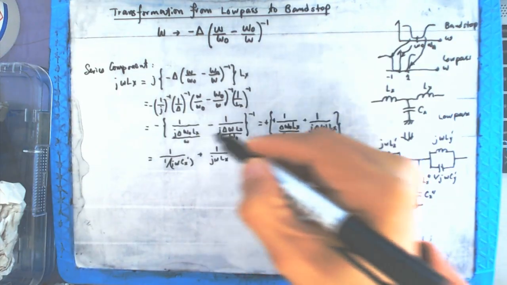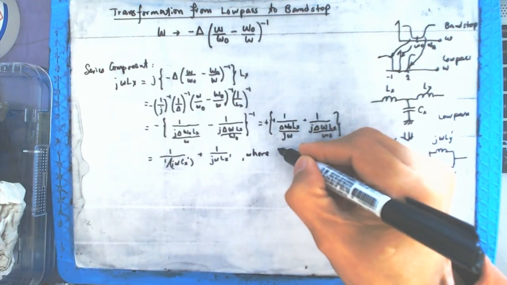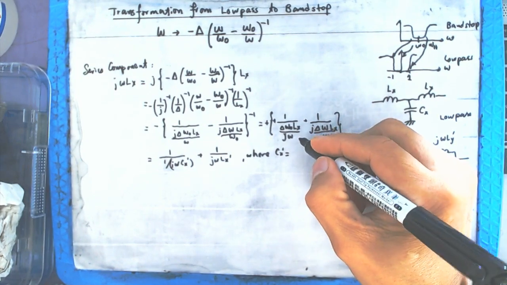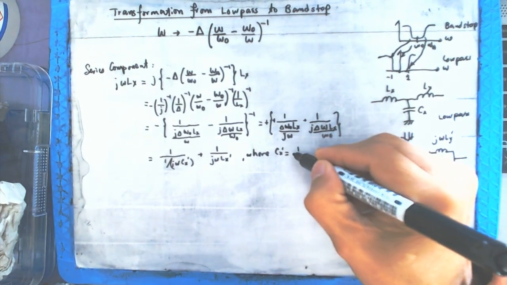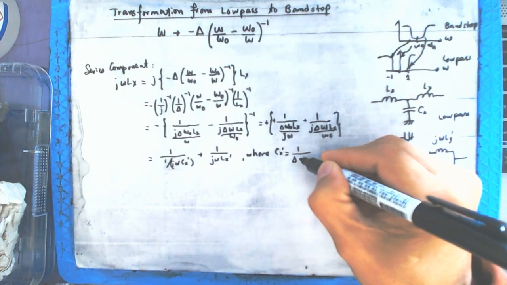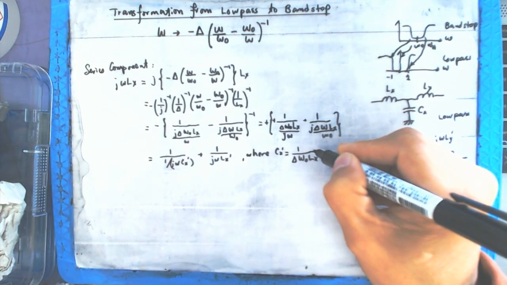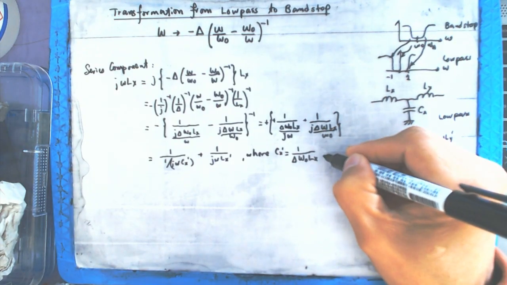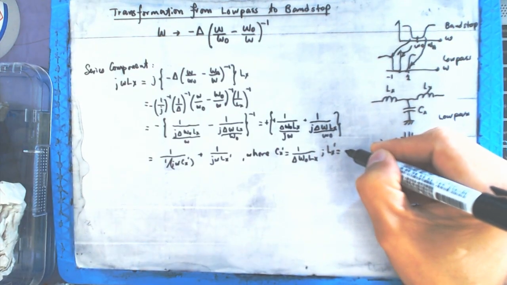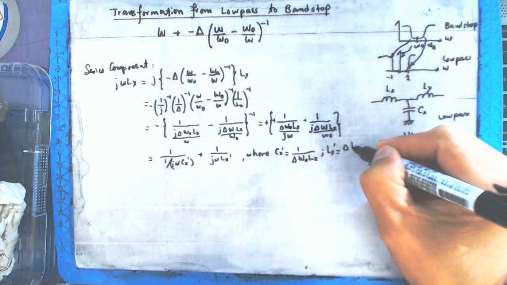And where Cx prime is equal to 1 over delta omega naught j x Lx, and Lx prime is equal to delta Lx divided by omega naught.